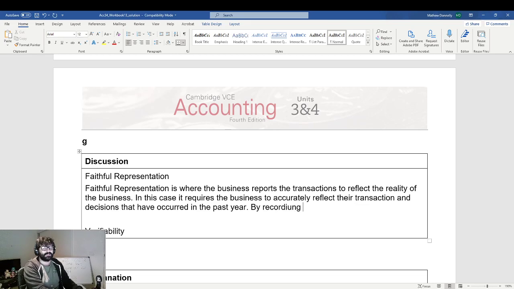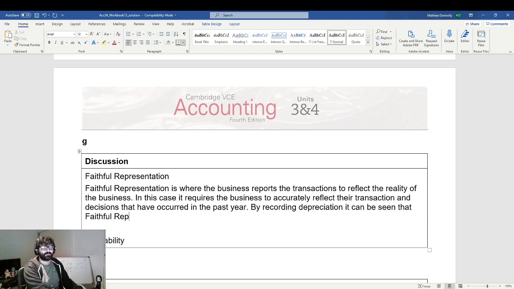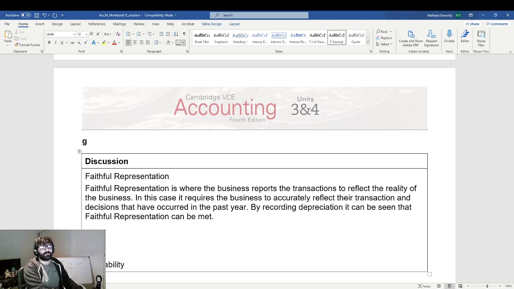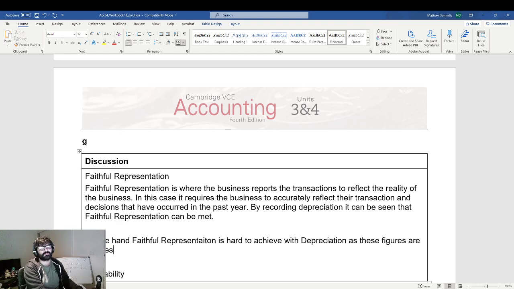By recording depreciation, it can be seen that faithful representation can be met. On the other hand, faithful representation is hard to achieve with depreciation, as these figures are estimates.